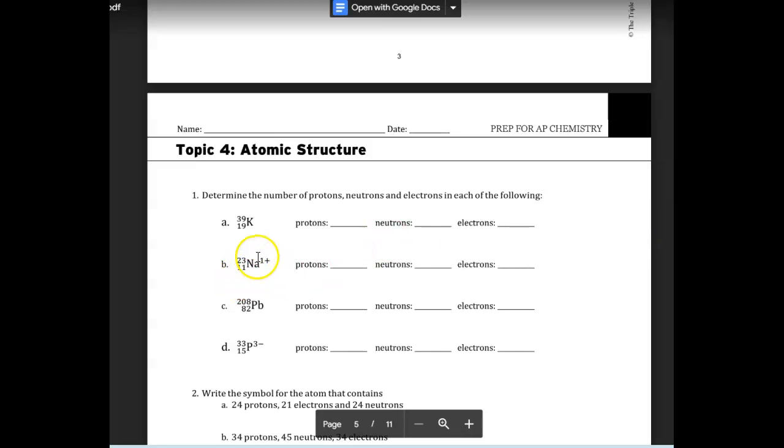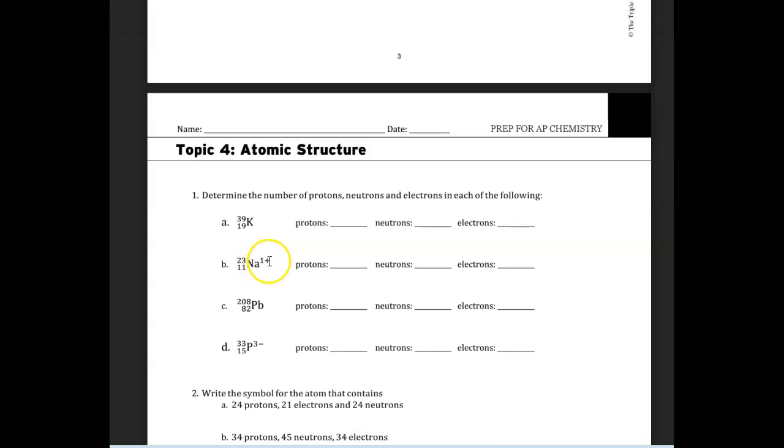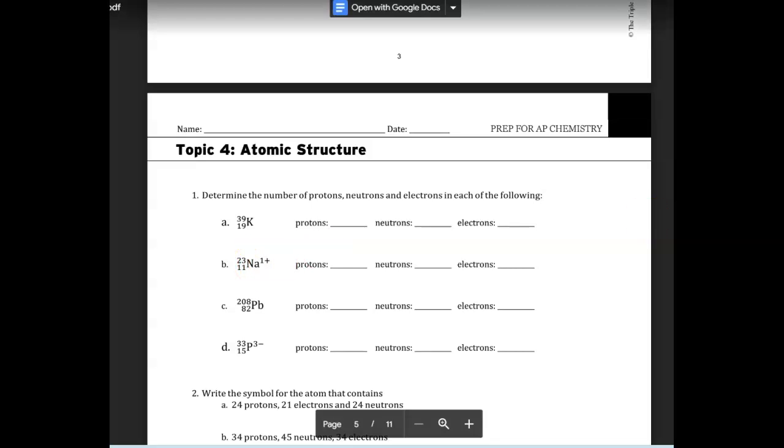Now, if the atom has a charge, it's no longer an atom, it's an ion at that point. If they're positively charged, they are cations. If they're negatively charged, they're anions. And if you see here, the sodium in this case, let me see if I can get back to my little pencil. The sodium here has a +1 charge on it.